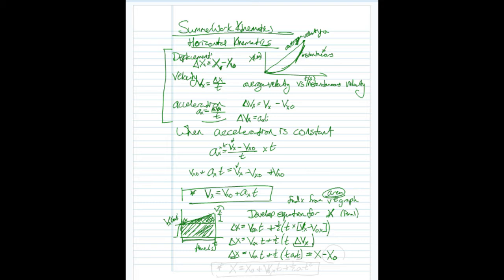With a little bit more algebra, combining these two t's and moving this x0 to the other side of the equality, I get an equation for x equals x0 plus v0x t plus 1/2 at squared. This is another equation on your equation sheet. It's equation number 2.